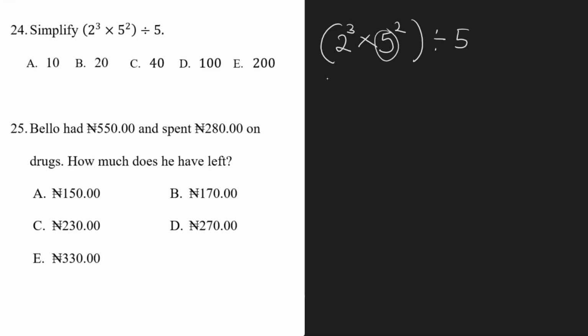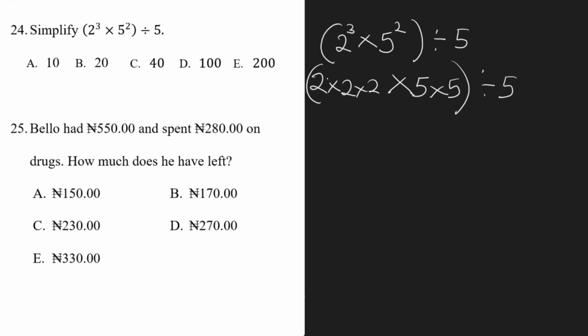And 5 raised to power 2 is not 2 times 5, but rather 5 in 2 places. So we're going to have 2 times 2 times 2. That's 2 in 3 places. Then our big times, this one here, then we have 5 in 2 places. 5 times 5. Then we have divide by 5.